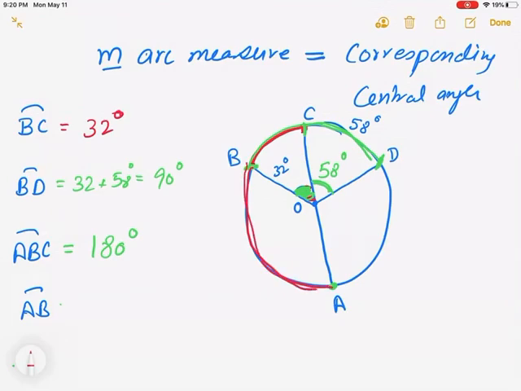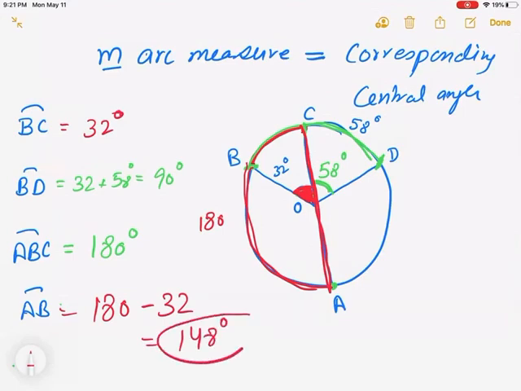As I already know, up to this part, it's half of the circle, which is equal to 180 degrees. And I already know this piece out of this whole thing is 32 degrees. Can we figure out the other part? I would just do 180 minus 32. It would give me 148 degrees, which is the measure of this arc here.